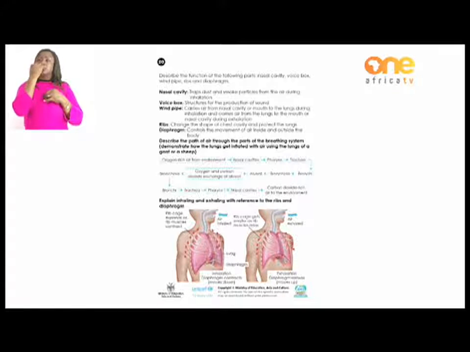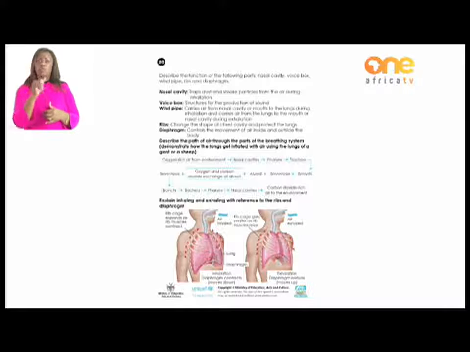Before it goes down again, it goes to the pharynx, and then to the trachea, bronchi, bronchioles, alveoli. That's now inside the lungs, the alveoli. And then now, oxygen and carbon dioxide exchange. So oxygen goes into the body, and carbon dioxide in the body has to go to the lungs.